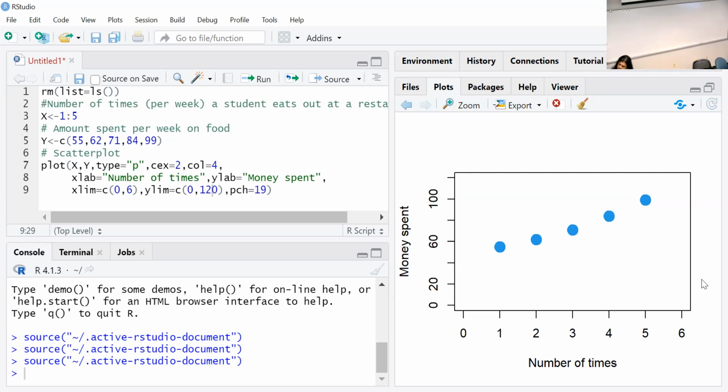Do you think it's a perfect straight line? No. There is a slight curve to it. But regardless, I fit a linear regression model. Now, could we choose a different model? Absolutely. What other model do you believe would work for this?